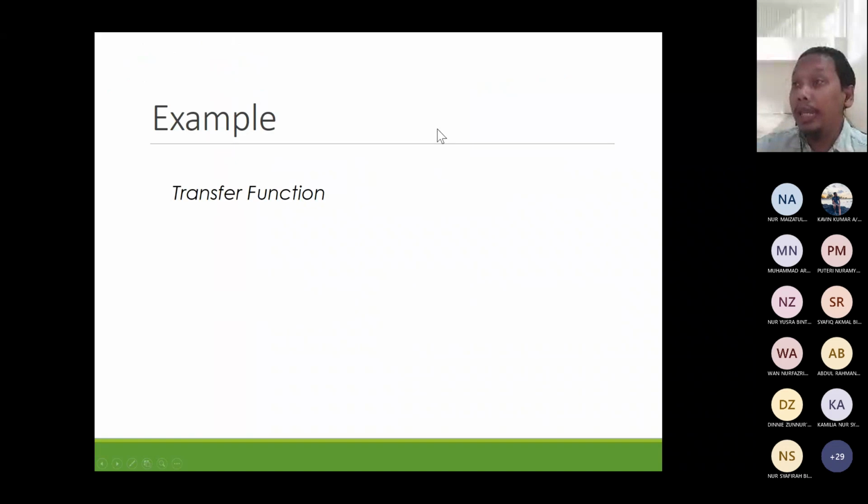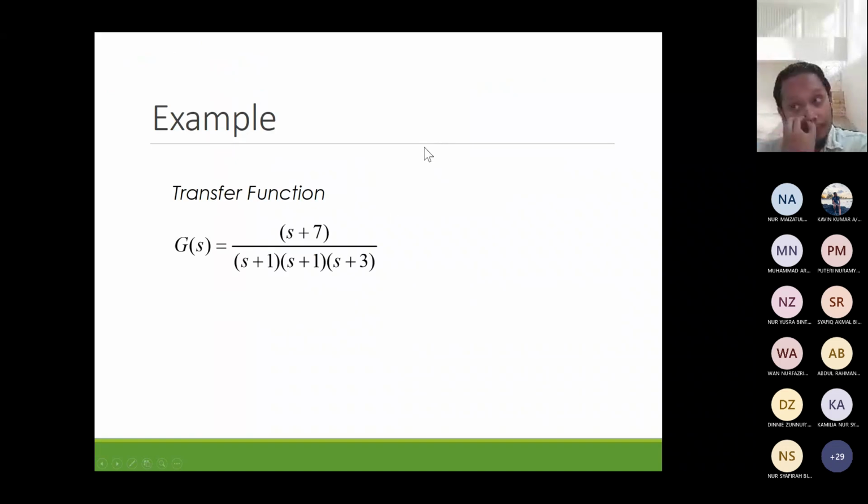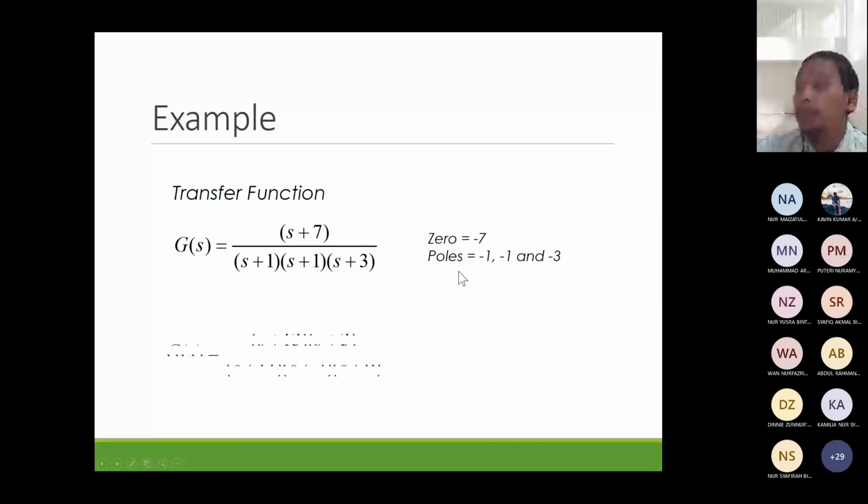Let's look at another example. We have this transfer function: s plus 7 divided by s plus 1 times s plus 1 times s plus 3. The zero is minus 7 and the poles are minus 1, minus 1, and minus 3. Here we have two minus 1.